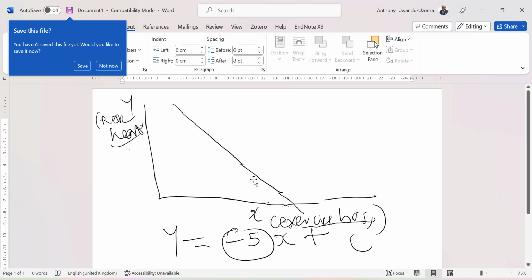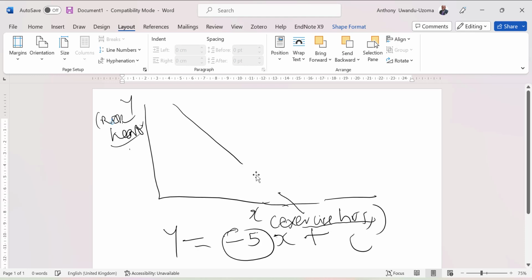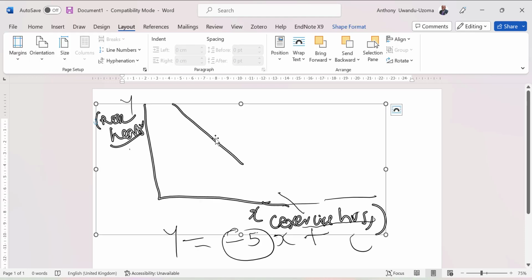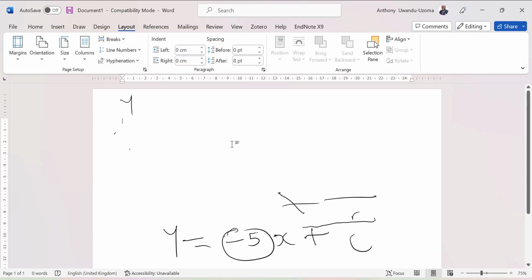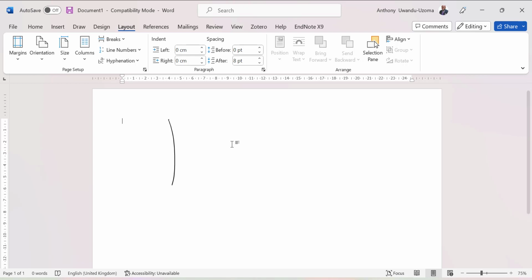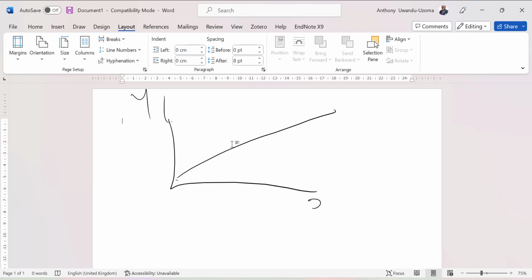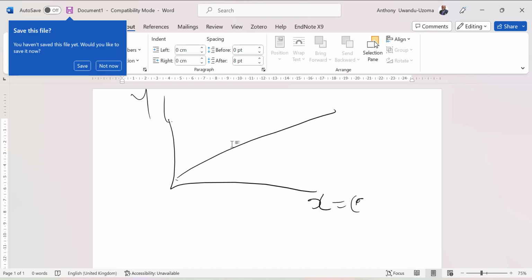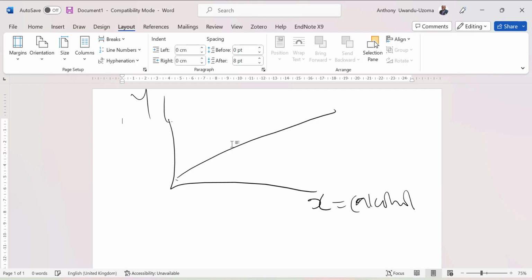Now, when this is a positive slope, going forward like this, this is y and this is your x. Where your x is maybe the number of bottles of alcohol, and your y is again the risk of having a heart attack.